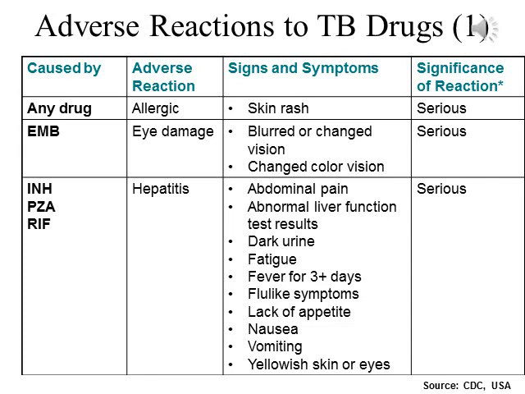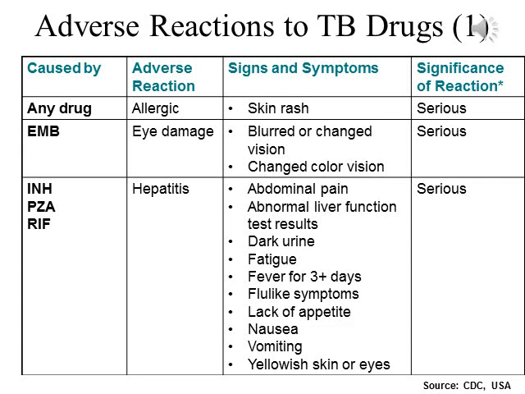Ethambutol could lead to blurred or changed vision, or it can also affect the color vision, which is also quite serious. Therefore, a baseline eye test is always done. Isoniazid, pyrazinamide, and rifampicin, all three can give hepatitis, inflammation in the liver cells, and usually this is asymptomatic.